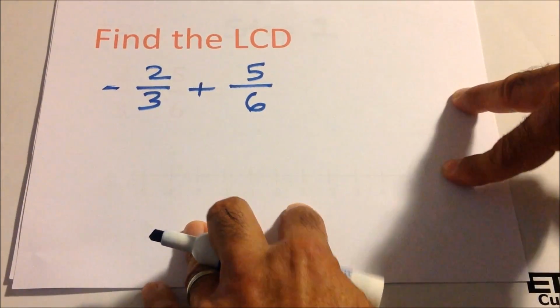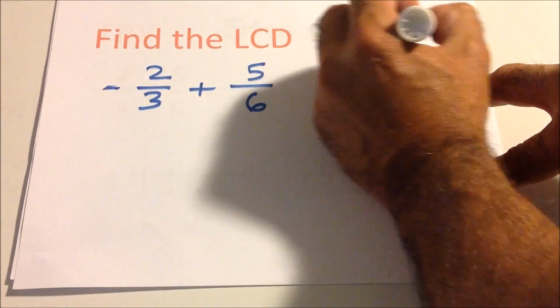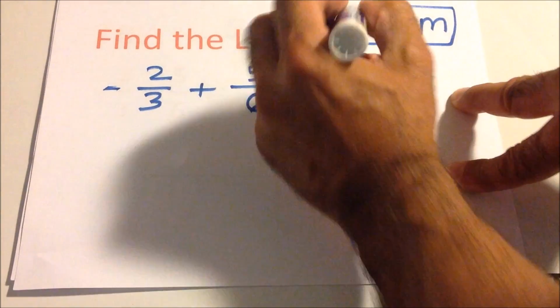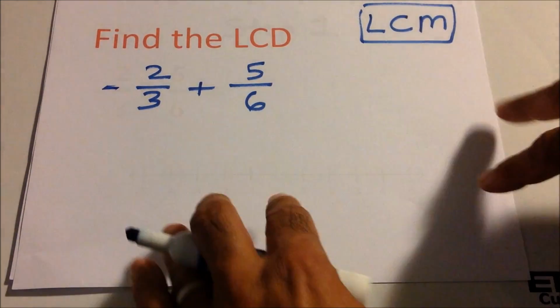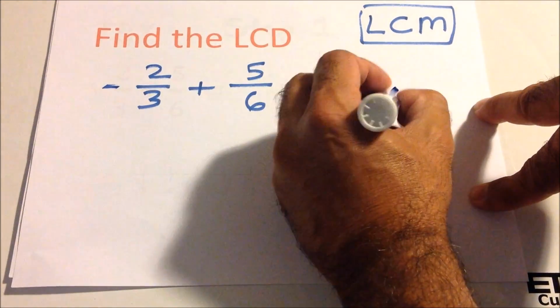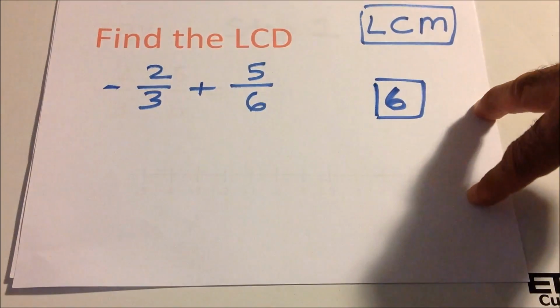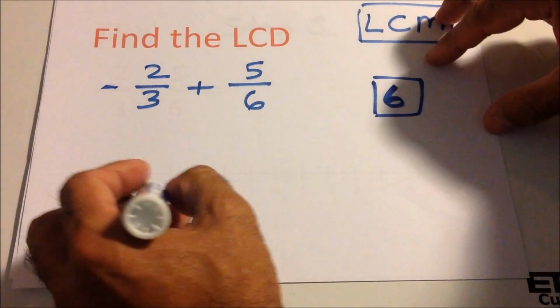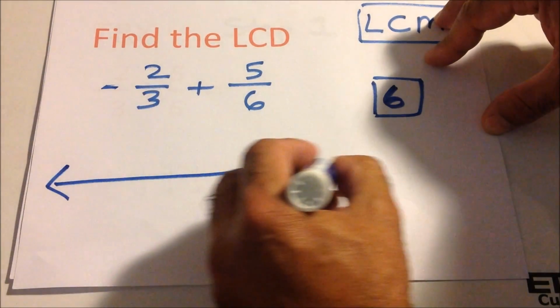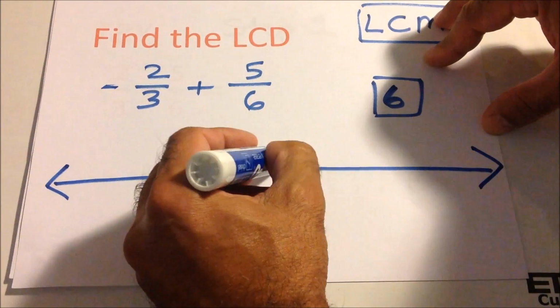What do you think the lowest common multiple is? The lowest common multiple or the LCM? Now you can say 18, but that's a common multiple, but it's not the lowest. The lowest is actually 6. So we know 6 is what we're looking for. So now what do we do with that? Make a number line. Okay?